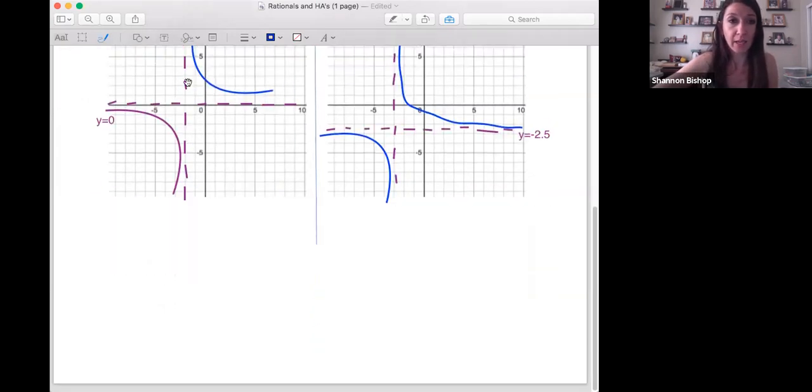And then let's get the definition going down here. So we've got horizontal asymptote.